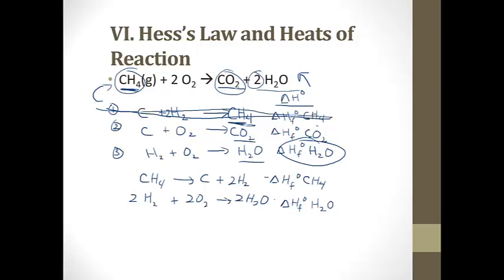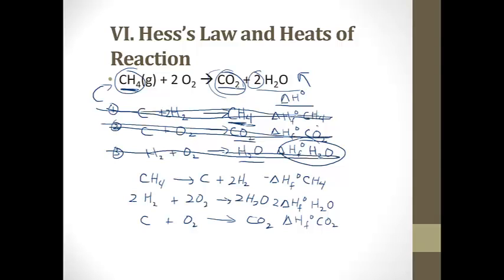Okay, we change that one, so this will go away also. Okay, and the CO2 looks like it's what it's supposed to be. So we'll just rewrite this one right here. C plus O2 will yield CO2, and the heat of reaction is the heat of formation of CO2. Okay, so we'll ignore it so we don't get confused.